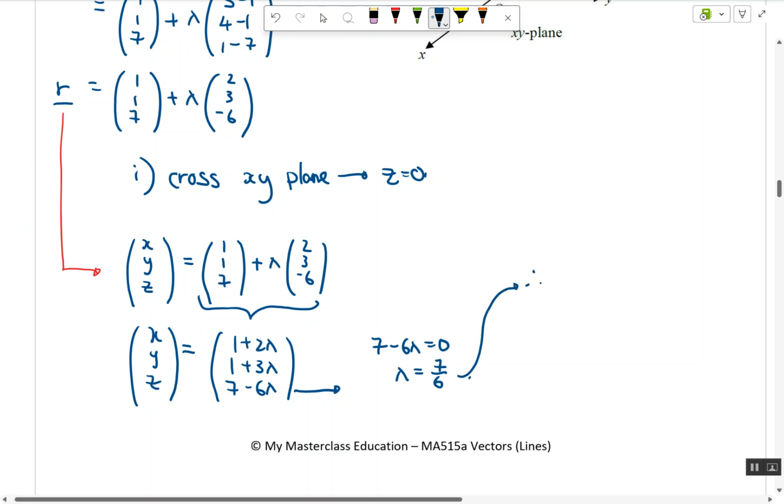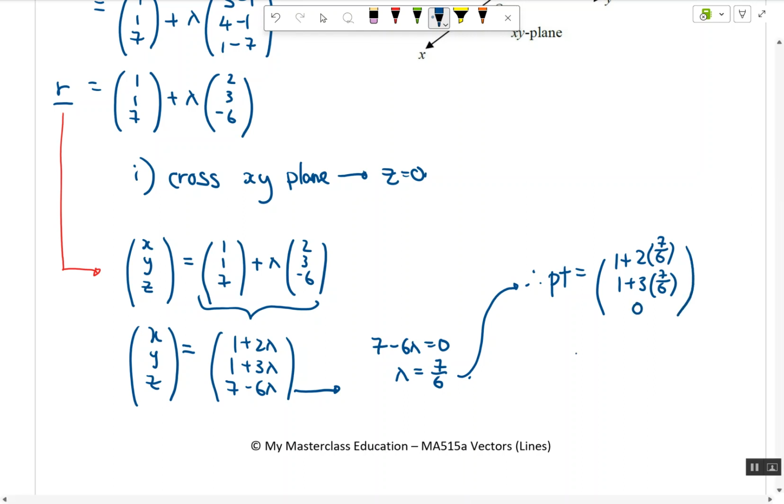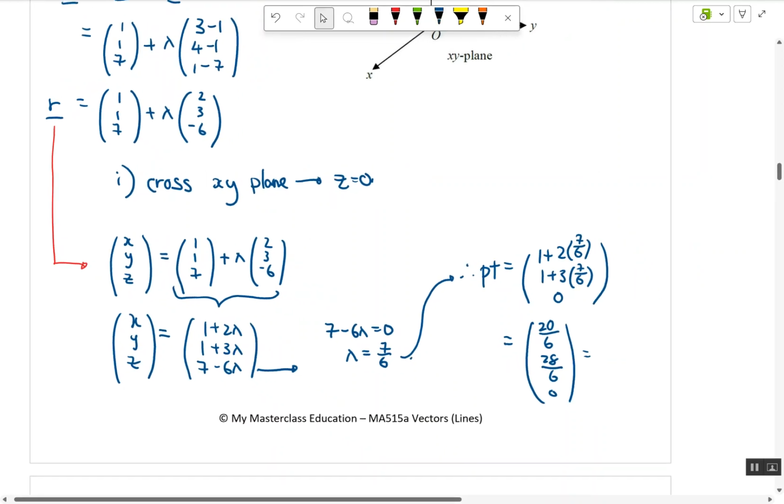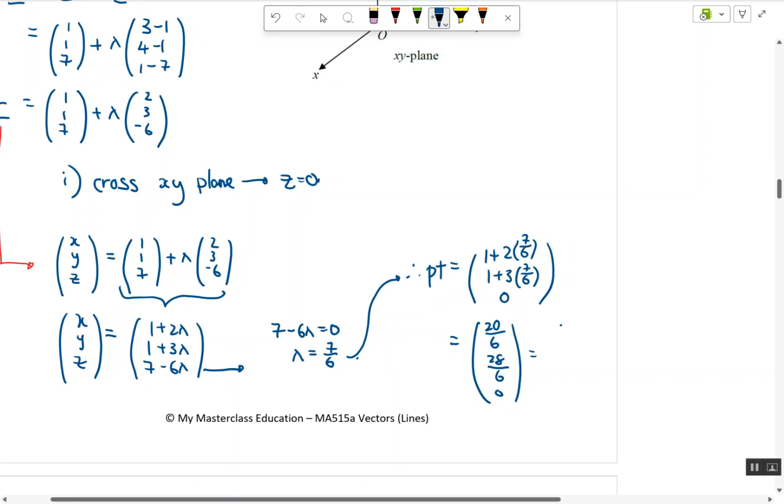So the point equals 1 plus 2 times 7 over 6, 1 plus 3 times 7 over 6, and the last one will be 0 because I already set z equals 0. Then that will be 20 over 6, 28 over 6, 0. Simplify the terms and you get (10 over 3, 14 over 3, 0).